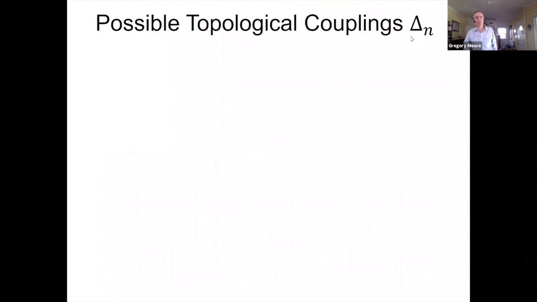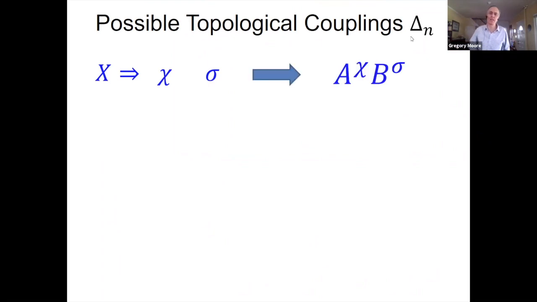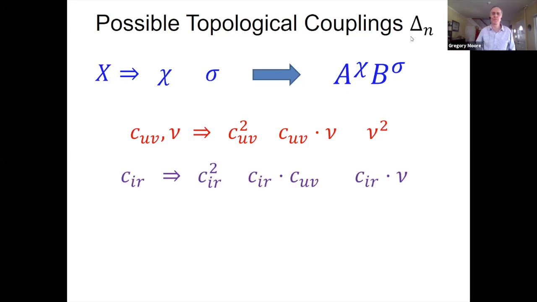So what are the possible topological couplings we have to worry about? Well, because we have a four-manifold, we have the Euler character and the signature, and that leads to the famous A^χ and B^σ couplings that were introduced by Witten. But now we have this ultraviolet spin-C structure and a 't Hooft flux, and so we have some more couplings to worry about. And then the low energy effective theory has a photon, so it has a first Chern class. I'll call it the infrared c.